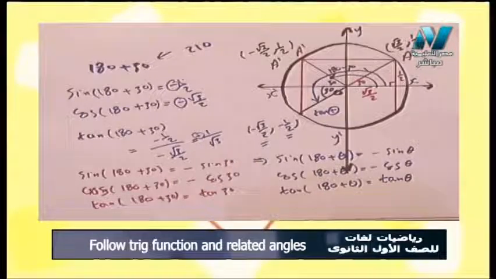My dear students, let me continue with you and try to study the angle in the fourth quadrant. Yes, we'll draw, if you would like to draw with me, the unit circle here.